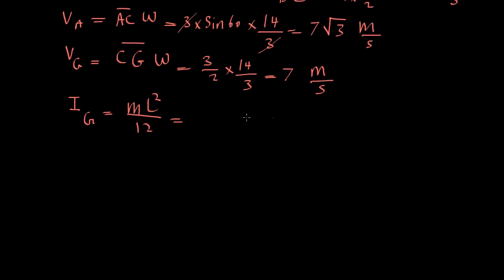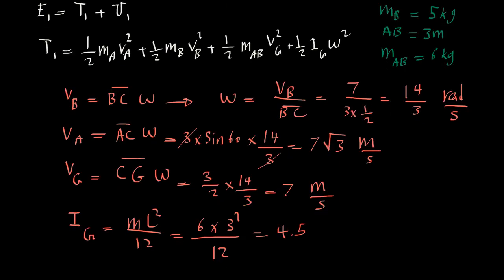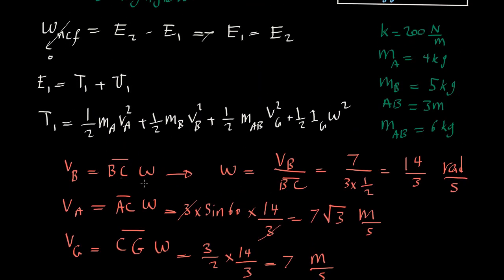So this would be m, which is 6, times 3 squared over 12. So this would be 9 over 2, which is 4.5. So basically here we can calculate T1, since we have all the parameters. Let's calculate all the other terms and see if we have time to plug in the numbers and calculate the final answer for it.